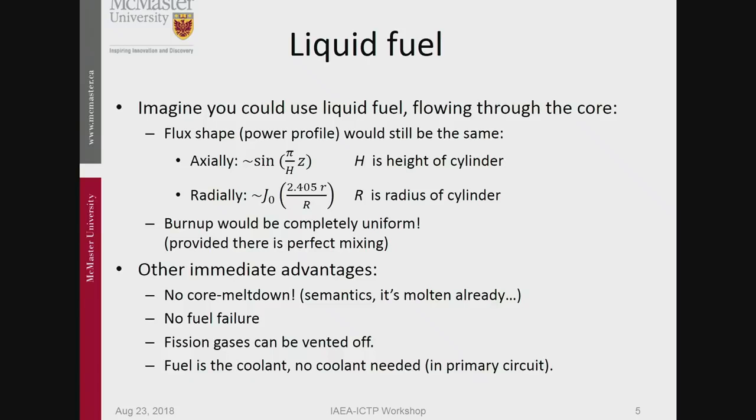Fuel failure is when the cladding breaks up and then all the fission products come out and foul your coolant and all nasty things happen. We don't have that because the fuel is just the coolant anyway. Another good thing that people realized very soon is that you can get rid of the fission gases. They will just bubble to the surface and you just vent them out. Maybe not to the outside, but in any case you can get rid of them. And you don't need coolant, at least not in the primary circuit, because the fuel is the coolant.